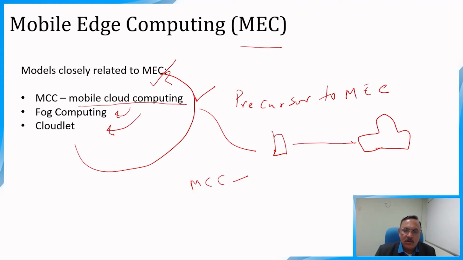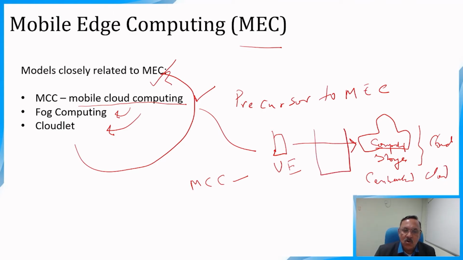Now this user equipment, UE, will exploit the computing and the storage of the centralized cloud.